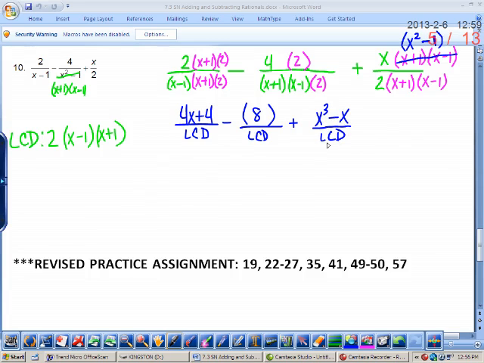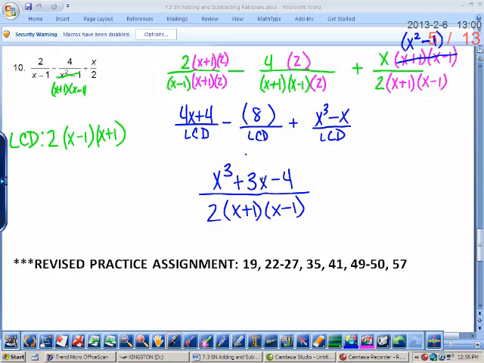All right, now we just combine like terms. So we have an x cubed. Can we combine that with anything? So we're going to have x cubed, no x squareds, but we have 4x and negative x plus 3x, and then 4 minus 8, minus 4. It's our final, so we do want to write out our common denominator.